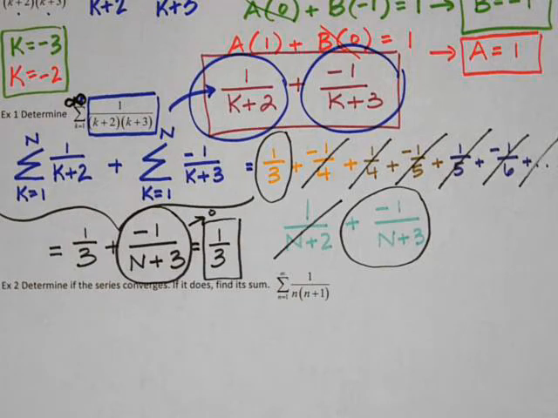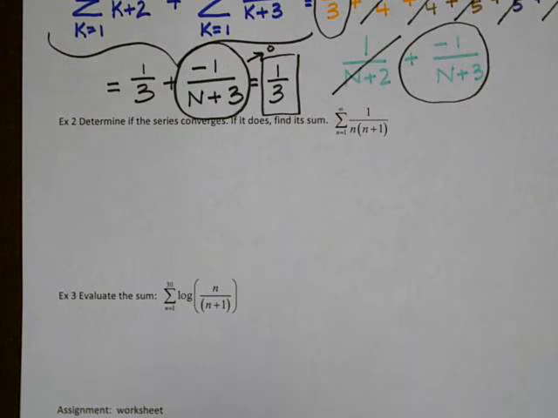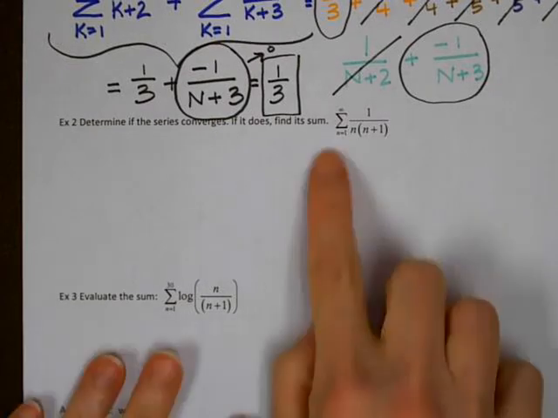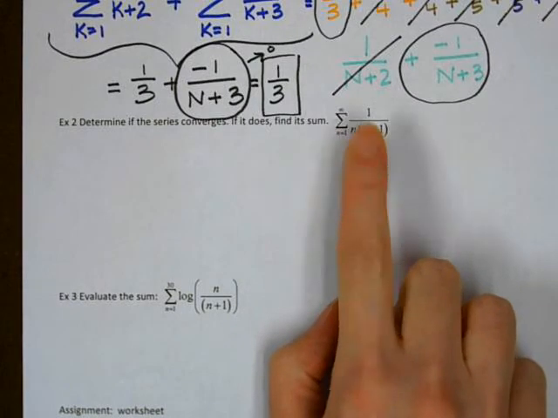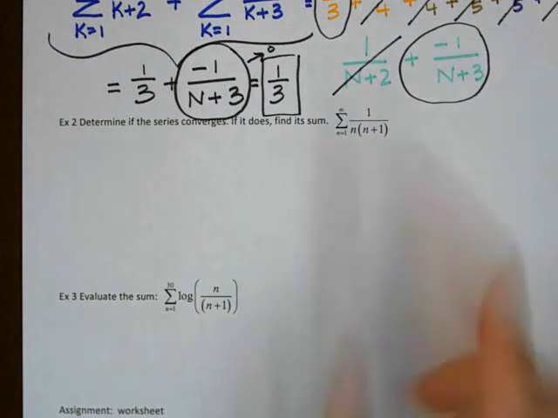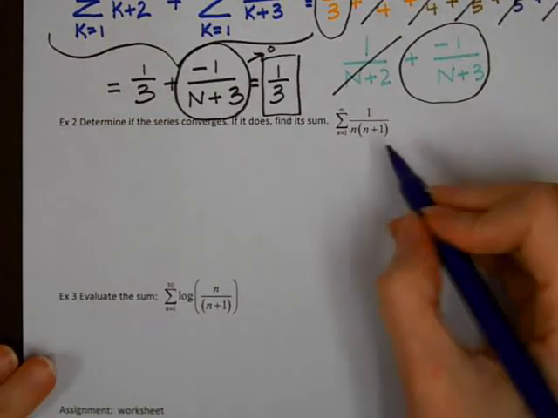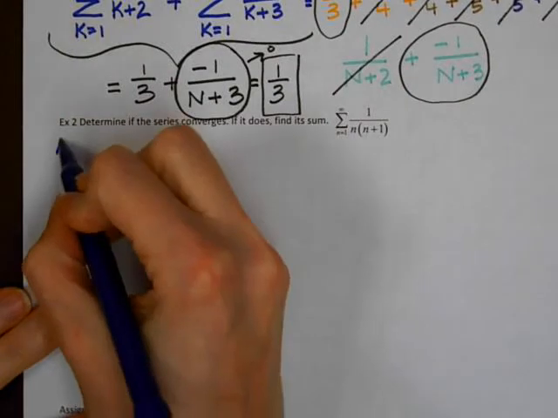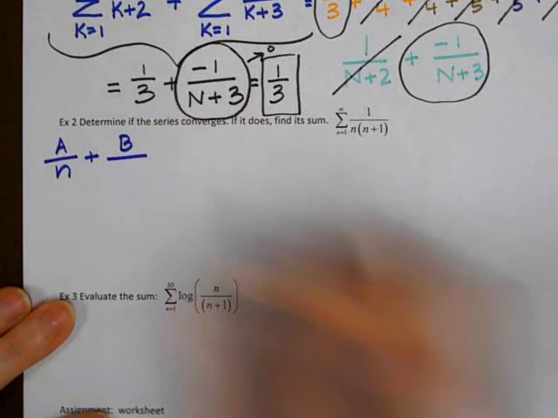Let's do another one of those. Okay, so example 2. Same idea. If we have a sum from 1 to infinity of a fraction, let's break it up into its partial fractions first. These problems are kind of a lot of work. So partial fractions will have a over n plus b over n plus 1.